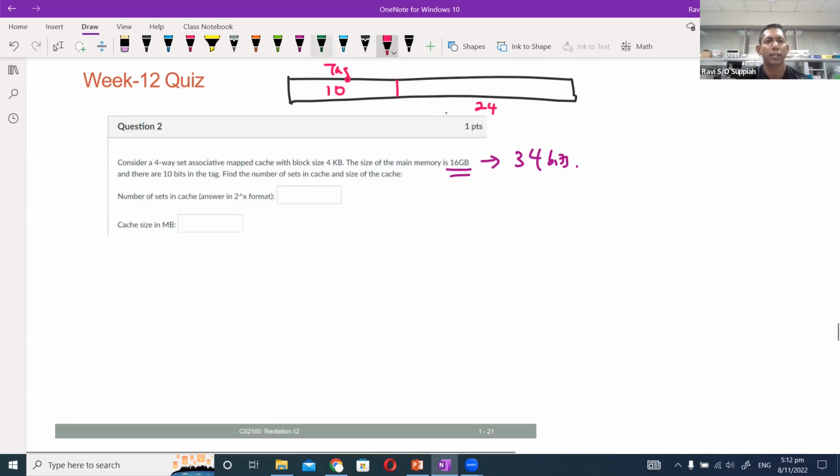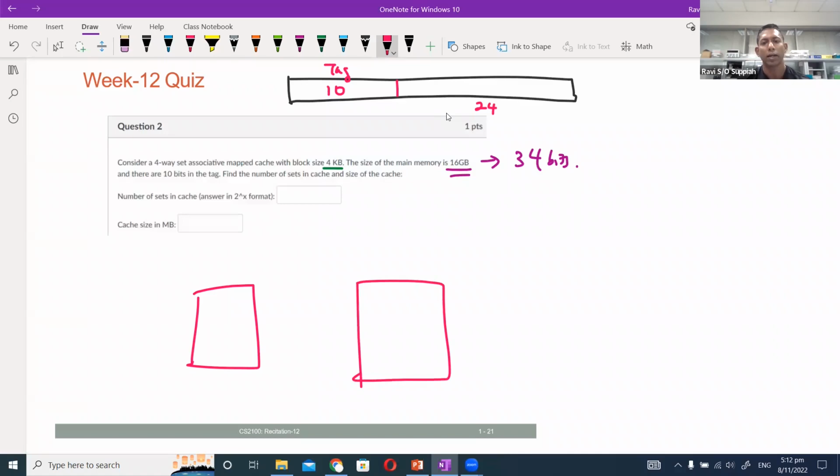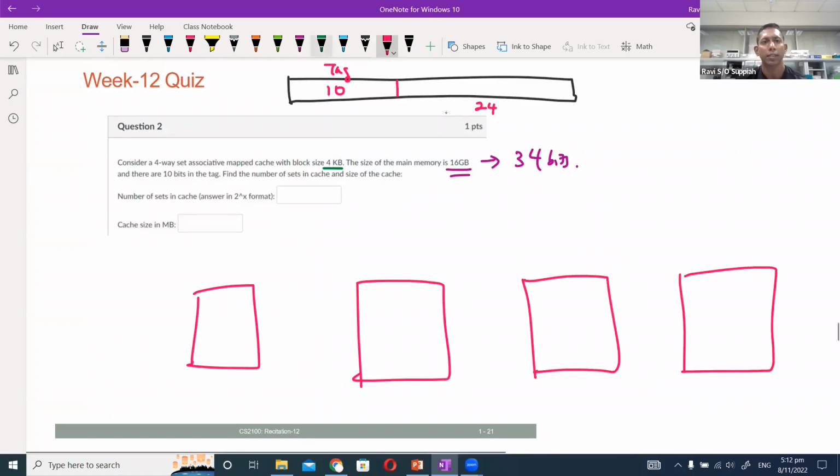We know that we have a block size of 4 kilobyte. It's a 4-way set associative cache, so I will have 4 cache blocks here, and each block size is 4 kilobyte. Now, when each block size is 4 kilobyte, the number of bits for the offset will be based on the block size.